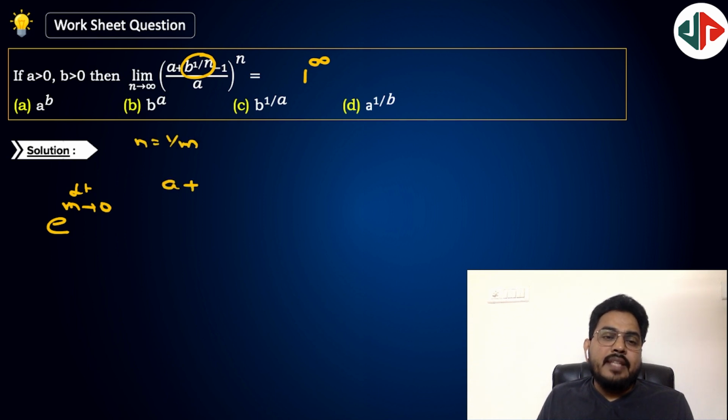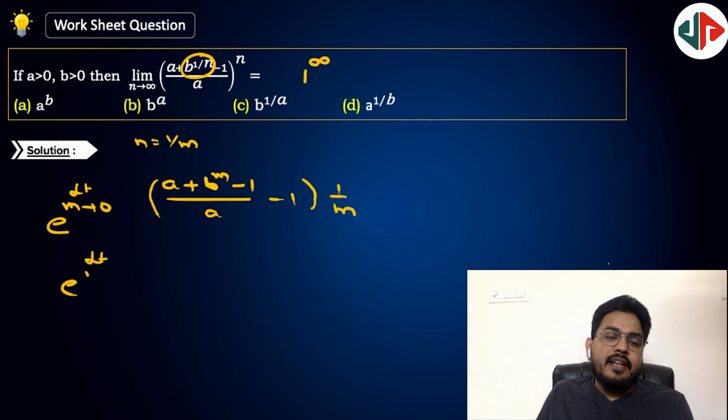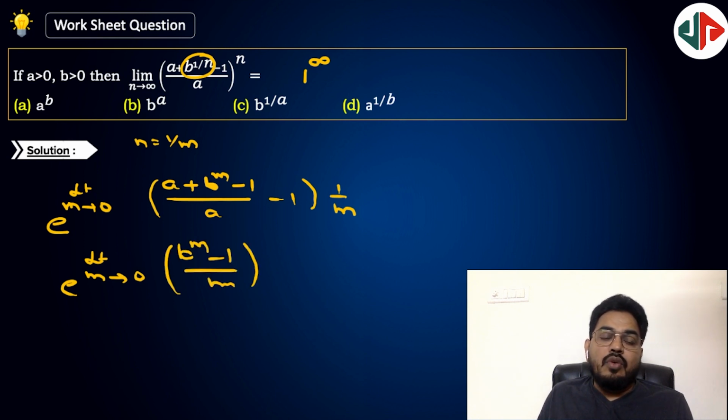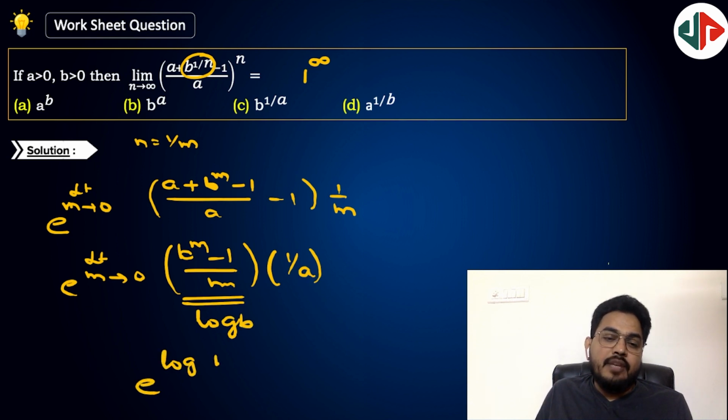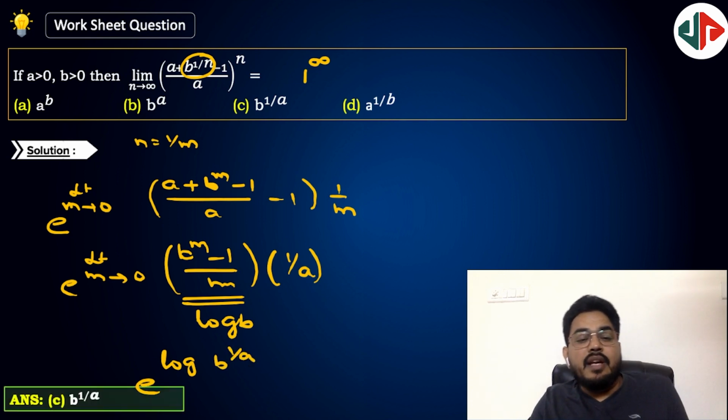So a plus b power m minus 1 by a minus 1 into, instead of n, 1 by m. So e to the power of limit m tending to 0, this is b power m minus 1 by m into 1 by a. I am rewriting. So what is this one? This value is log b. So answer is e to the power of log of b to the power of 1 by a. So answer is b to the power of 1 by a.